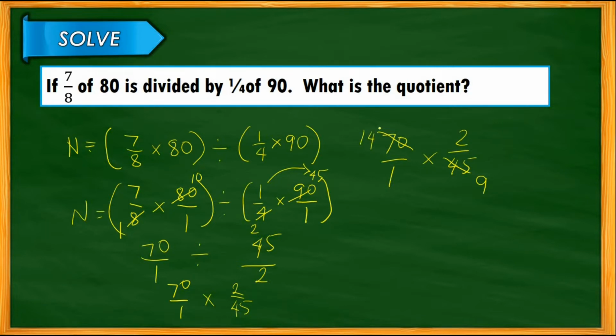Then 14 multiplied by 2, the answer would be 28. And then 1 multiplied by 9, the answer would be 9. Let's simplify this one. The answer would be 3 and 1/9. So this would be the quotient.